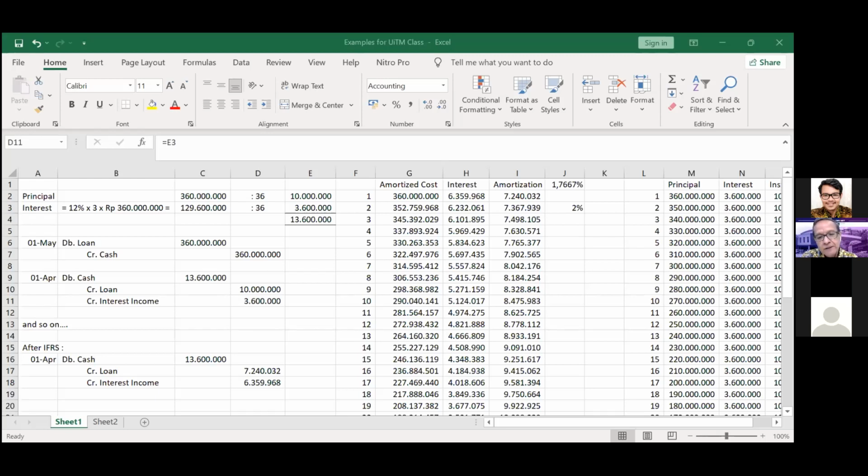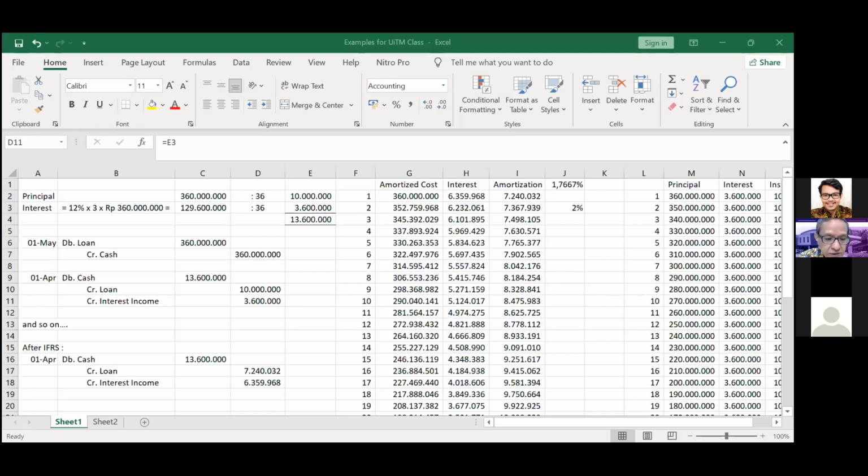That's why IFRS adoption made the bank profit for 2020 lower. Because of this implementation, the profit of all banks is getting lower.